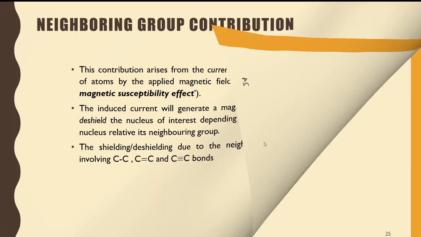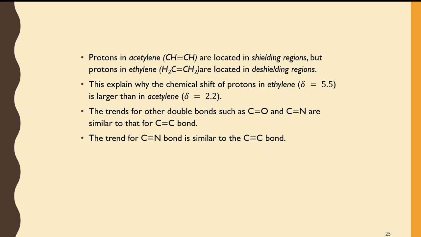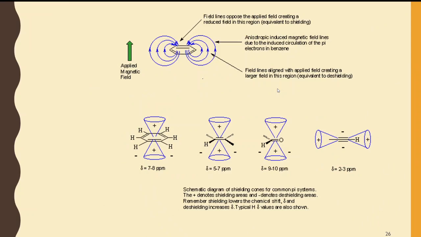So depending on whether you have a triple bond or a pi bond, it will indicate whether it's a shielding or deshielding region. The famous example is the benzene ring.